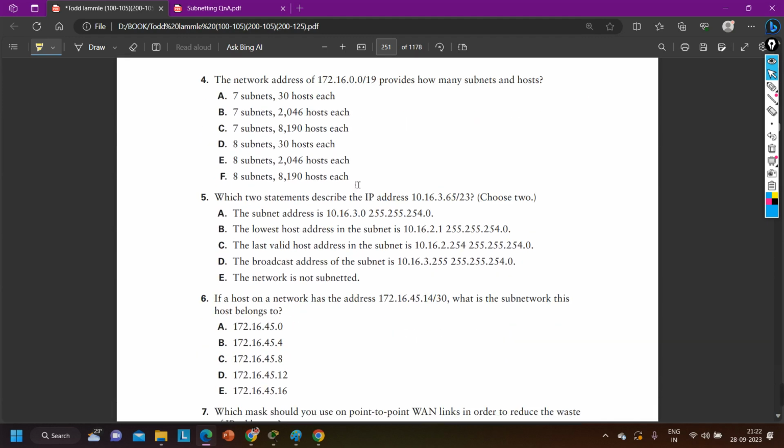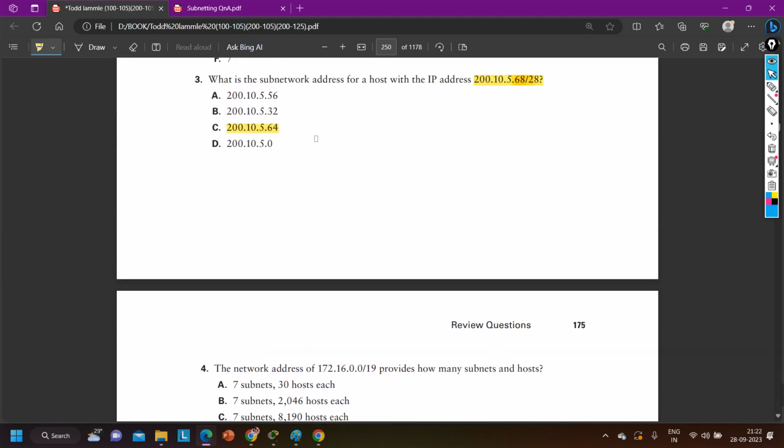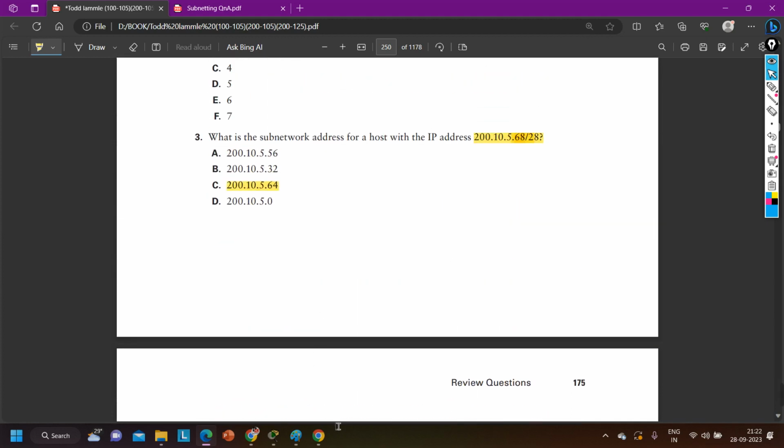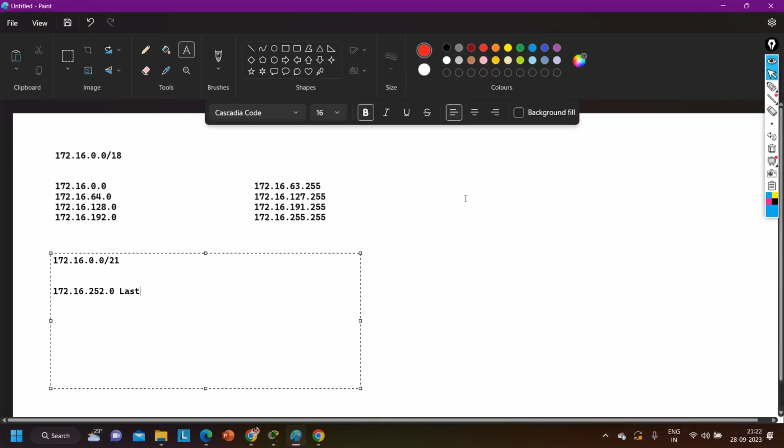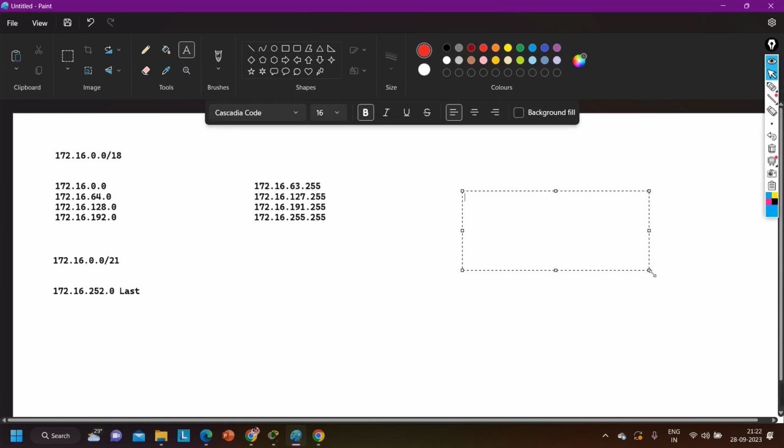Can you please explain that again? What I am saying is, let's say there is one class C IP address, 192.168.1.65, and the slash value is, let's say, 26.